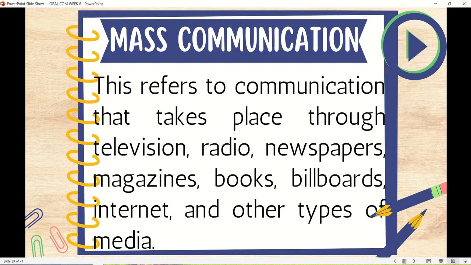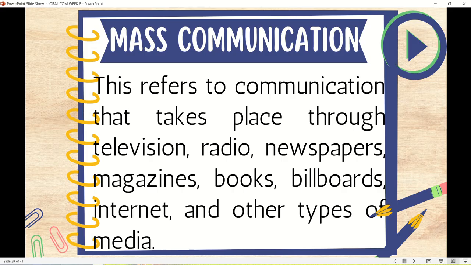Last but not the least, we have mass communication. This refers to communication that takes place through television, radio, newspaper, magazines, books, billboards, internet, and other types of media. In this type of interpersonal context, it involves a massive amount of people who can hear you speaking or delivering your message.